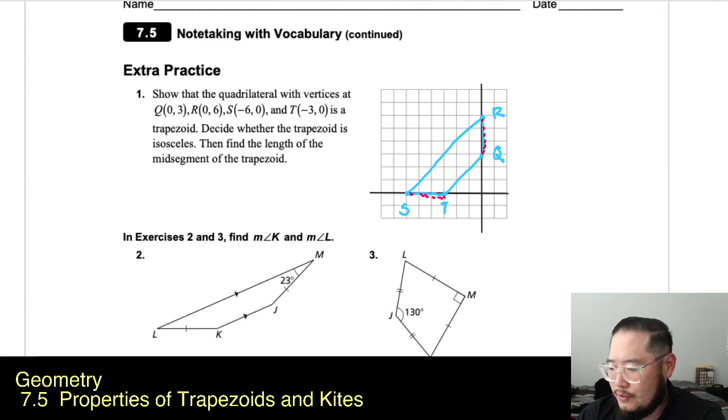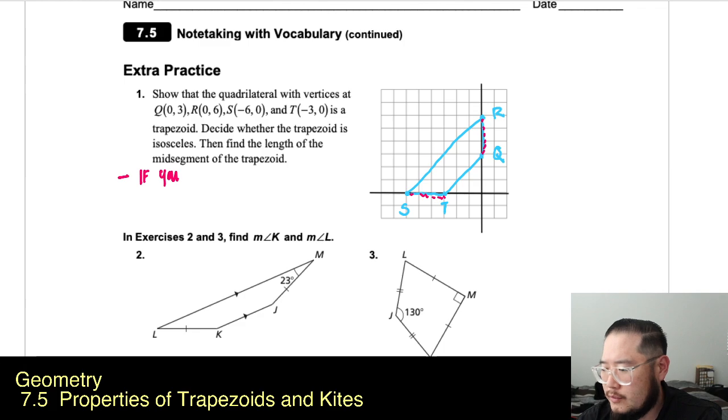So I'll put right here, if you cannot count the distance, use the distance formula on the legs.